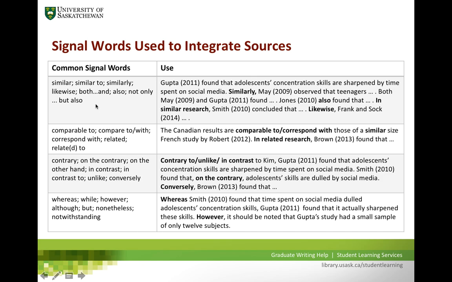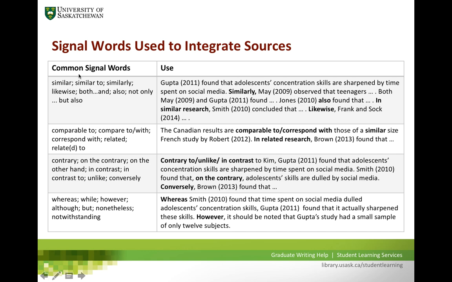Students, however, usually tend to focus on just the signal word also. And they don't use similar, similar to, similarly, and likewise very much. And I would encourage you to do that because these words can really add a feeling of professionalism to your writing, and they're very useful in showing connections.